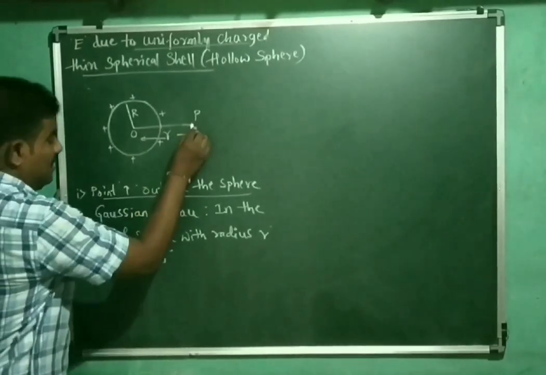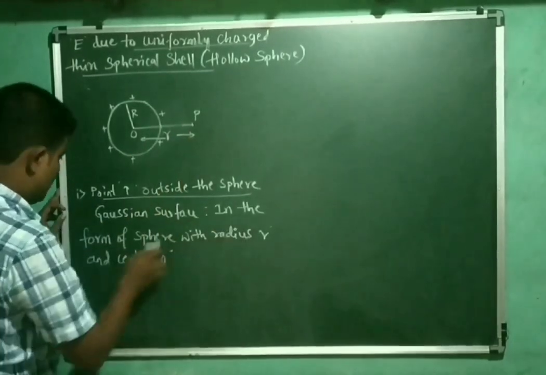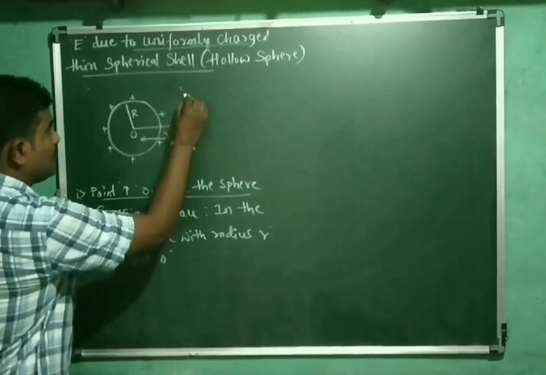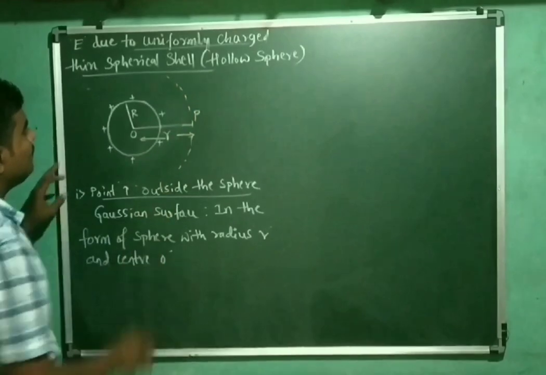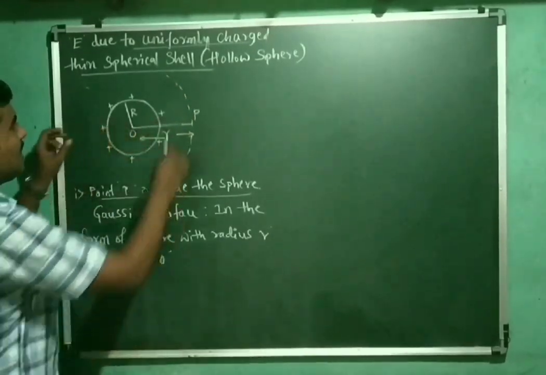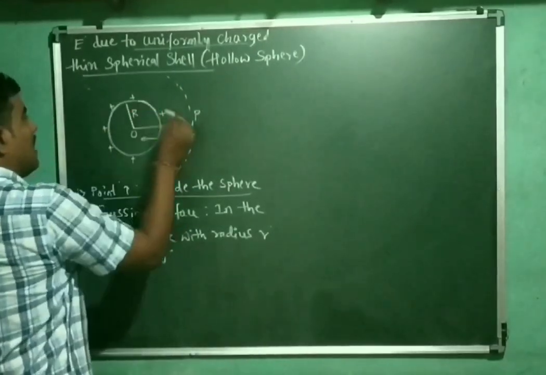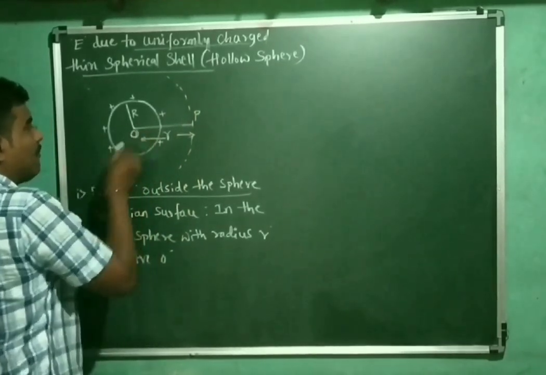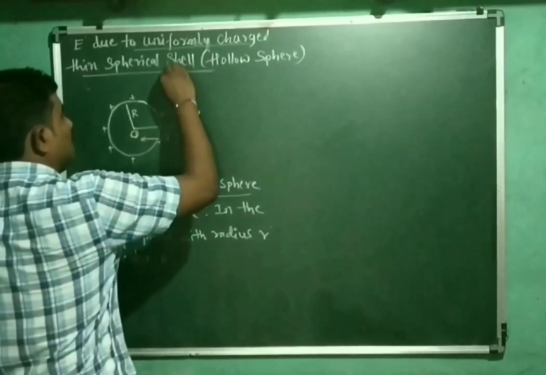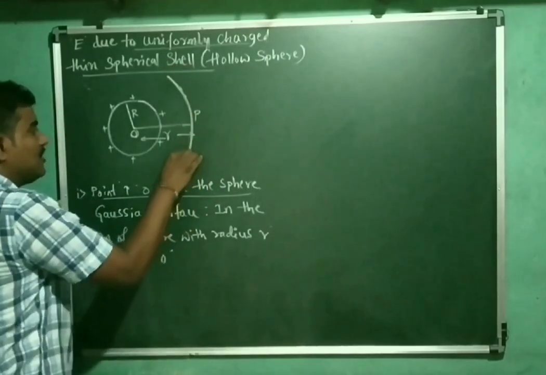If I consider a hollow sphere and a Gaussian surface in the form of a sphere with radius R, you can observe that the conducting sphere and the Gaussian surface both have the same center O. We can call them concentric also.